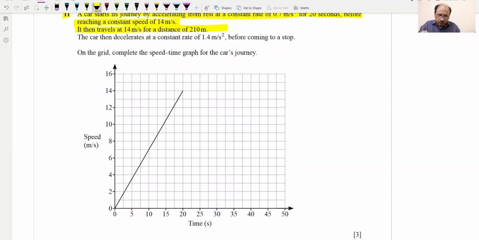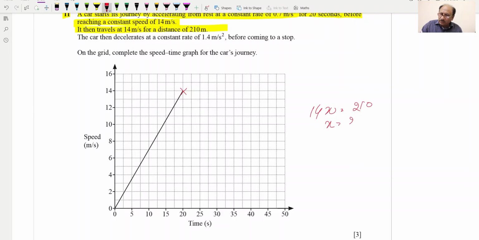So we have to check for the area. The height will be 14. Starting from here onward, we need to check how long this line will be, so that the area under that line is equal to 210. So 14 multiplied by something is equal to 210.